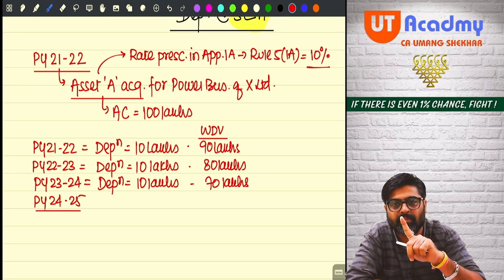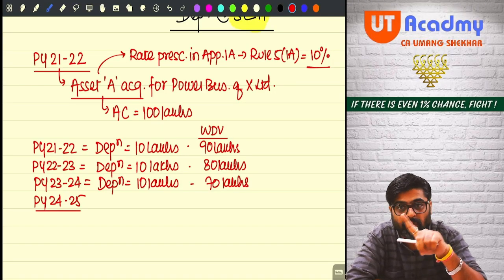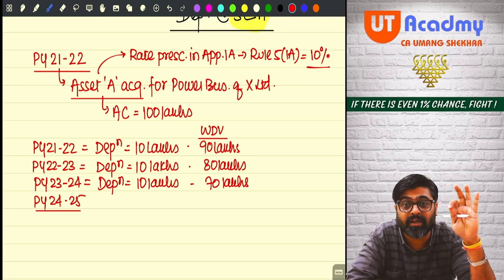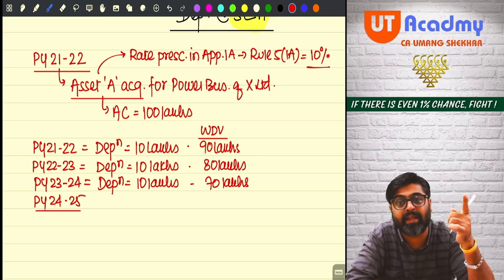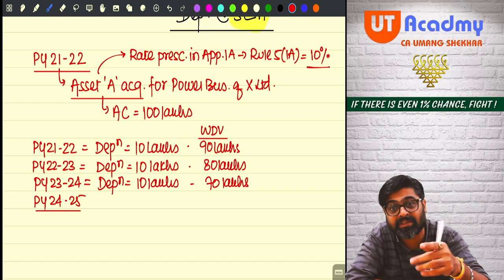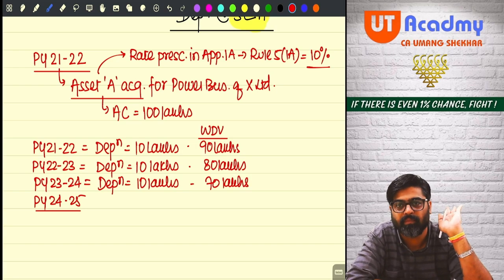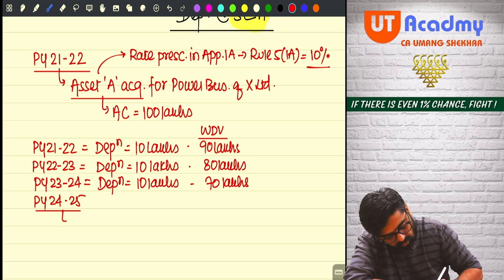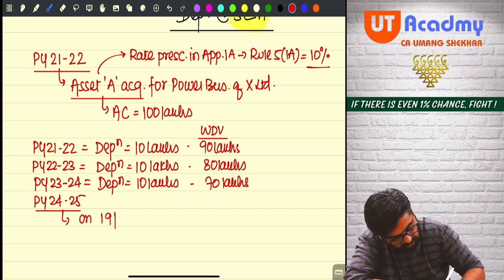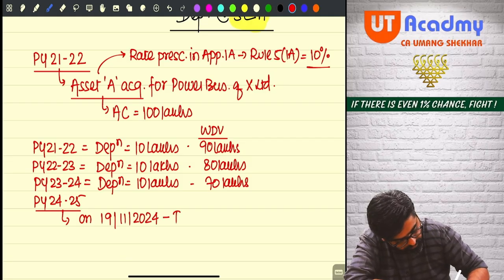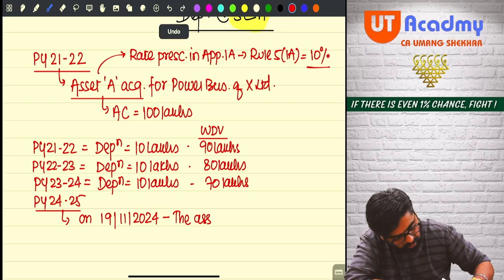See, if you want to claim the depreciation on any asset for the full year, that asset must be present in your business as on the last day of that previous year. But what happened? In the previous year 24-25, on 19th of November 2024, the asset was sold. The above asset was sold.